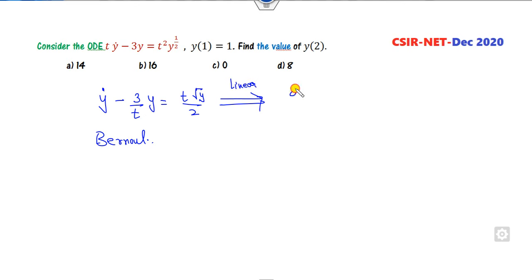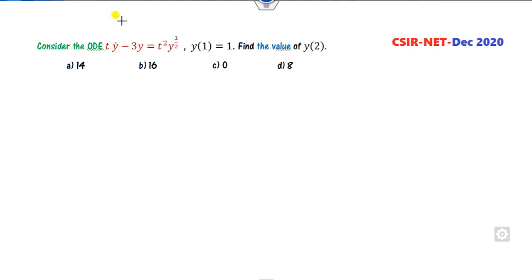I can divide by root y on both sides, then divide by t.